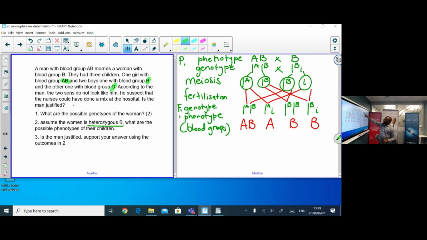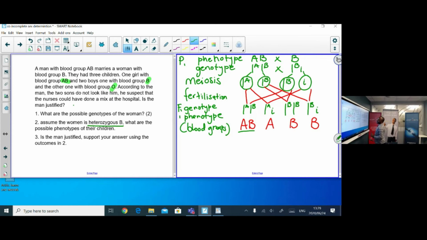From our diagram of a genetic cross, from the possible outcomes, we have AB. So the girl could be truly from them.